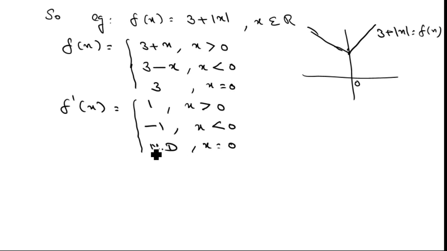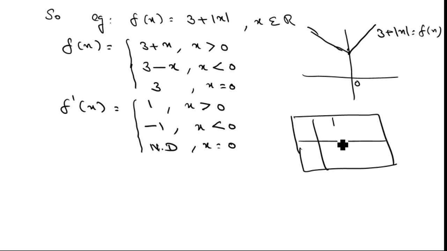But we want to see whether it will take a maximum value or a minimum value. From the graph itself we can identify it is taking a minimum value, there is no maximum value. But still we will see the first derivative test. Table of x and f dash x.